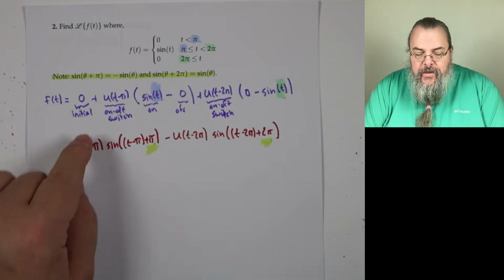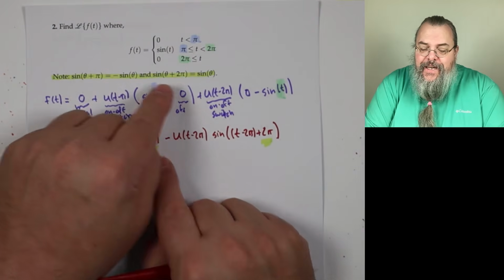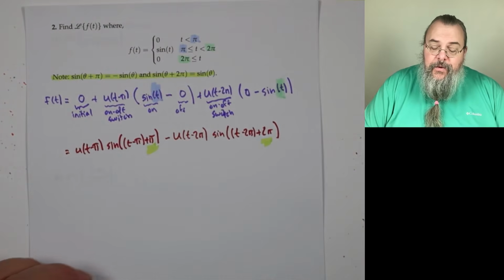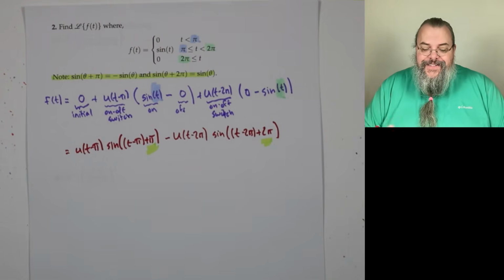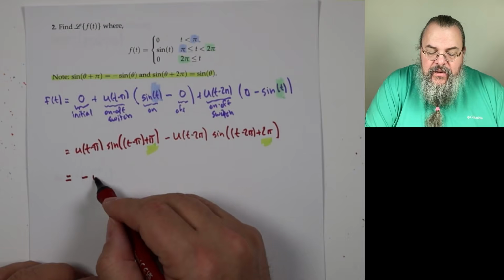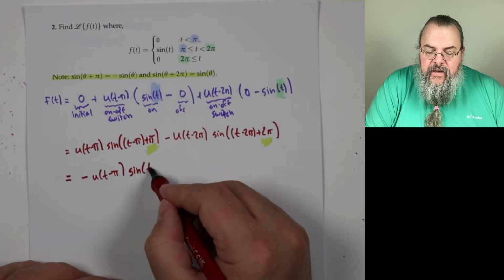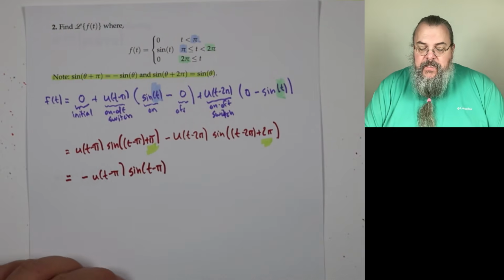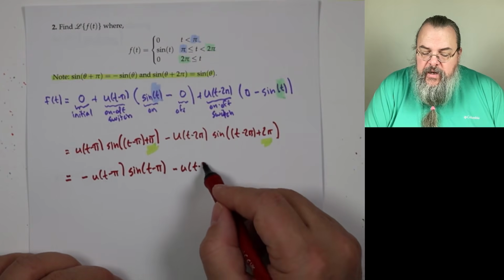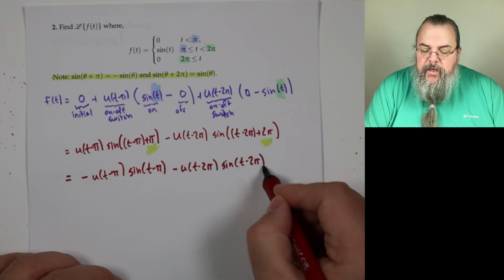It says if you add a pi, it's just changing the sign, and if you add a 2 pi, it really doesn't do anything. Nice. So this becomes a minus u of t minus pi sine of t minus pi, and here it'll be a minus u of t minus 2 pi sine of t minus 2 pi.